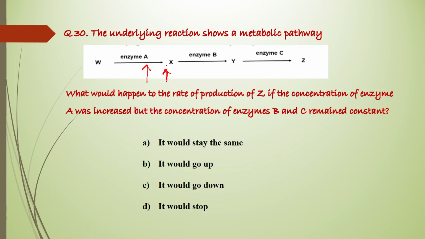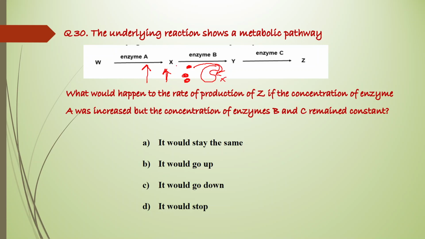But if you look at the next step, suppose here is our enzyme B. Now the number of X molecules has increased, but you have not changed the concentration of enzyme B. So one enzyme B can still react with only one X molecule.